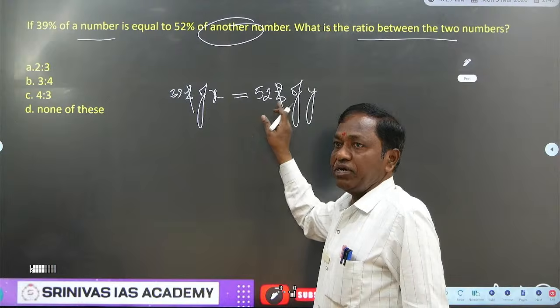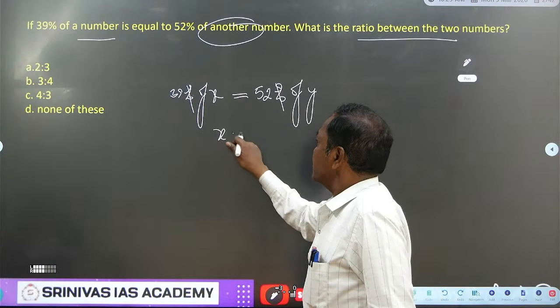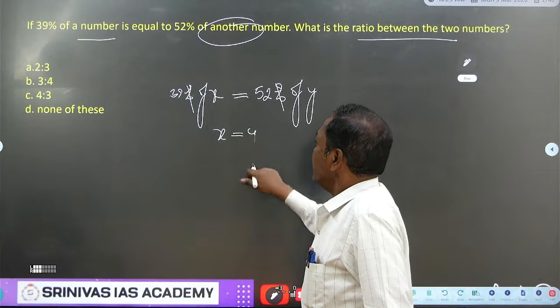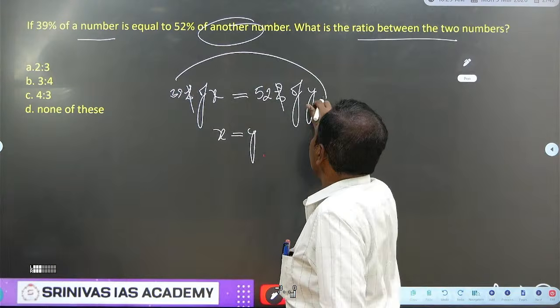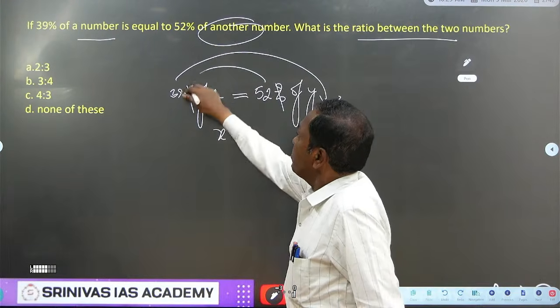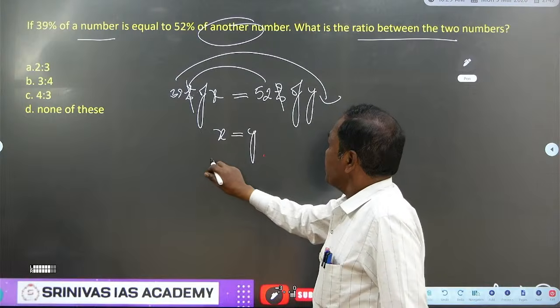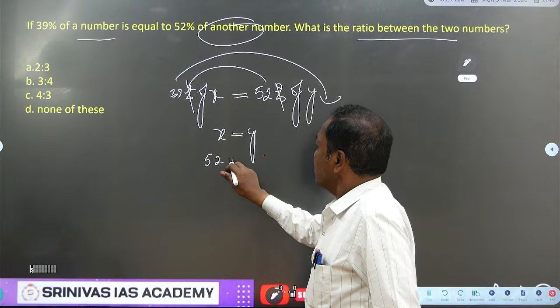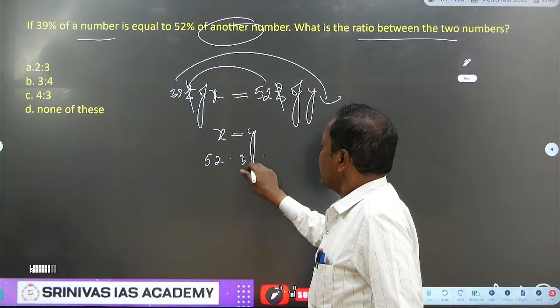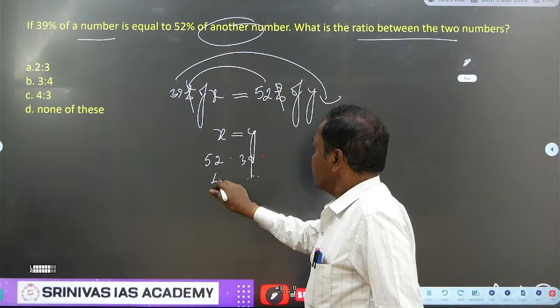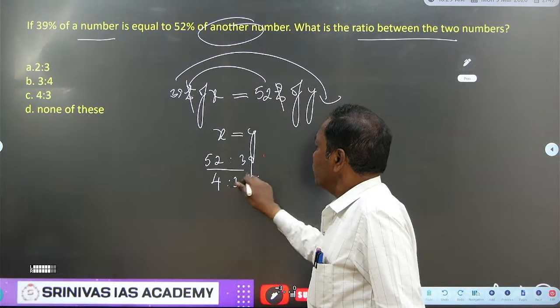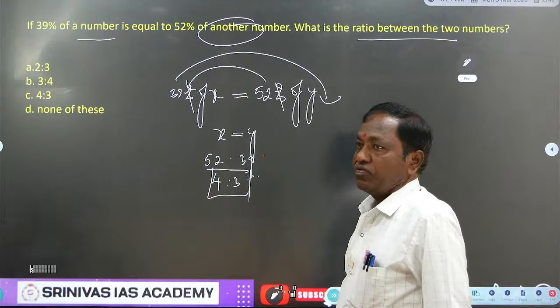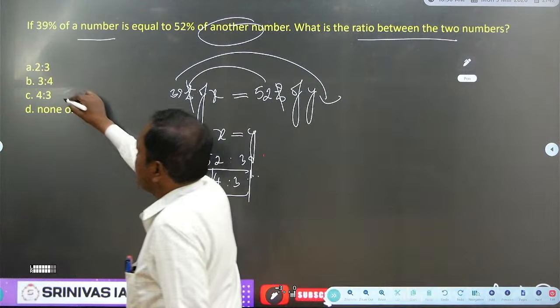X. Second number Y. You keep X as it is, but one number will be shifted to this side. It means 52 is to 39. 13 4s are 52, 13 3s are 39, 4 is to 3. Option is 4 is to 3.